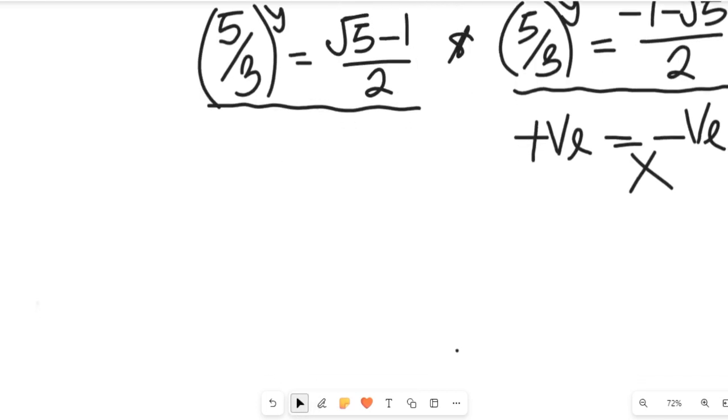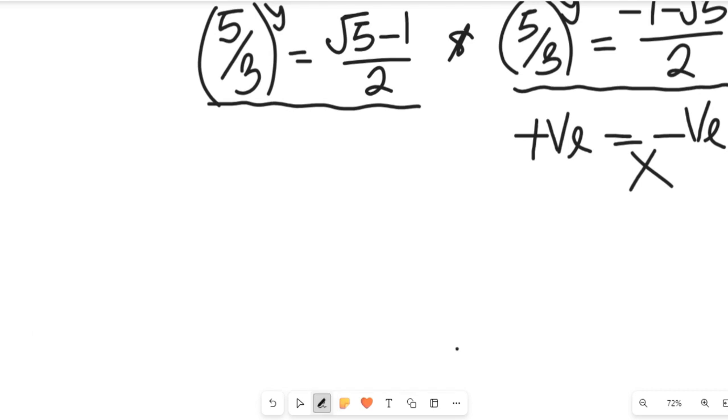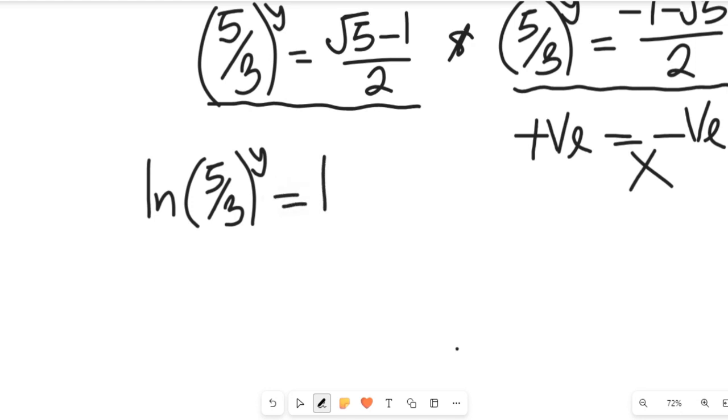Now, to get the values of y with this, we are going to take the natural log of both sides. So we'll have the natural log of 5/3 multiplied by the exponent y to be equal to the natural log of (√5 - 1)/2. Good.